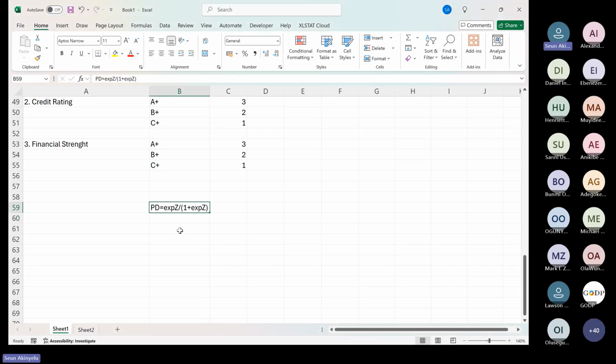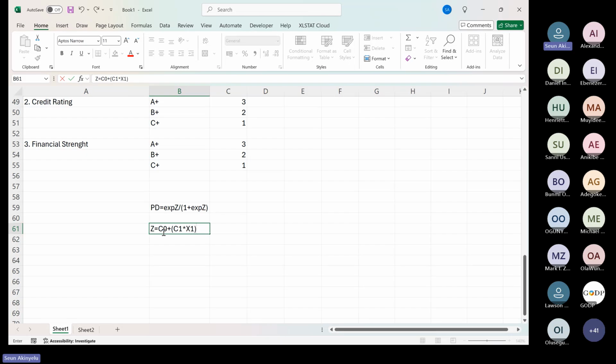But this z is what they call the logistic line. And the logistic line is just a logistic regression, which is intercept plus coefficient 1 times variable 1.